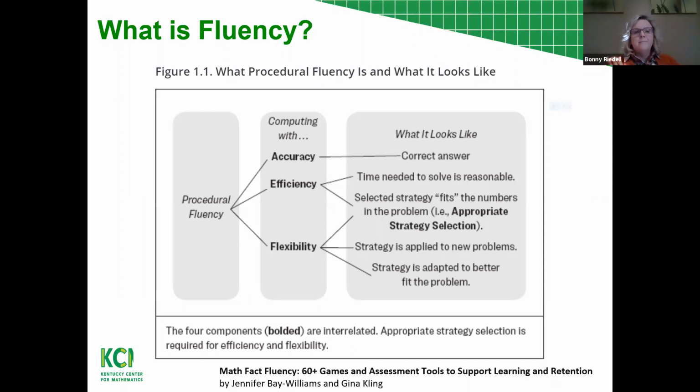So we definitely don't want our students to not be able to get to higher mathematics because so much of their working memory is taken up with figuring out the basic facts. We need to provide students with experiences to build that procedural fluency so their working memory is freed up and they can pursue those higher mathematics, which also leads to higher sciences and later on in the future.